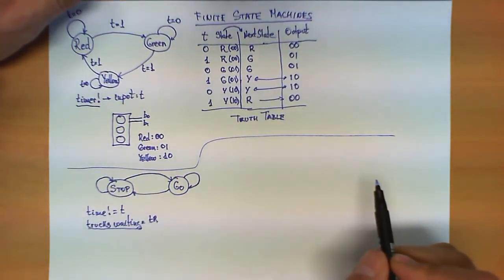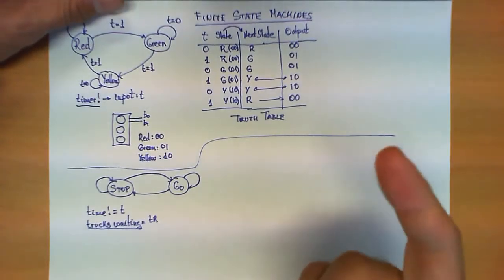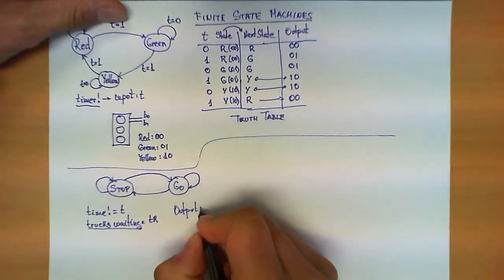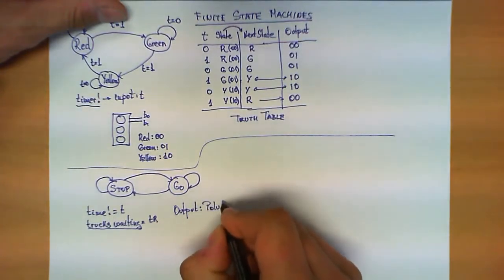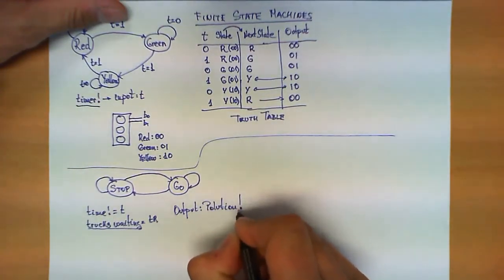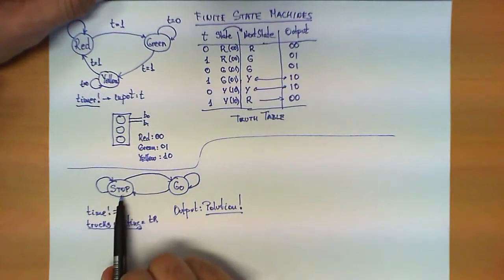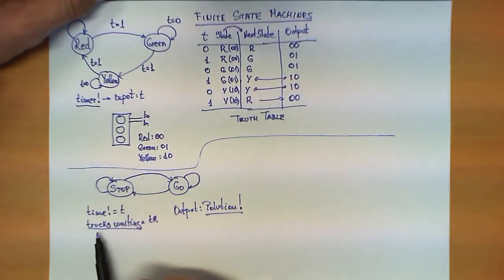Now what happens here is the following. I would like to produce an output from this machine that warns me when there is the possibility of pollution. The possibility of pollution occurs when I am in the stop state and the trucks are waiting.